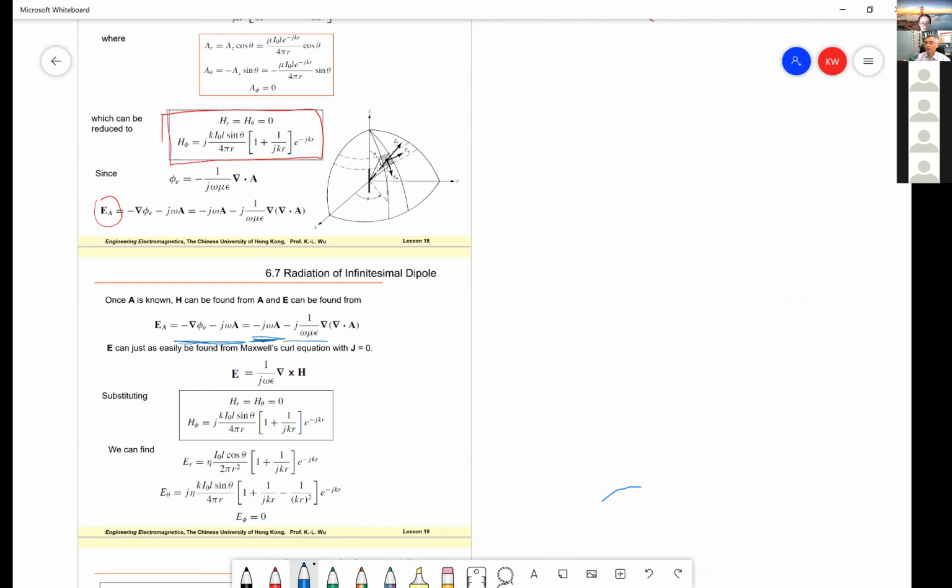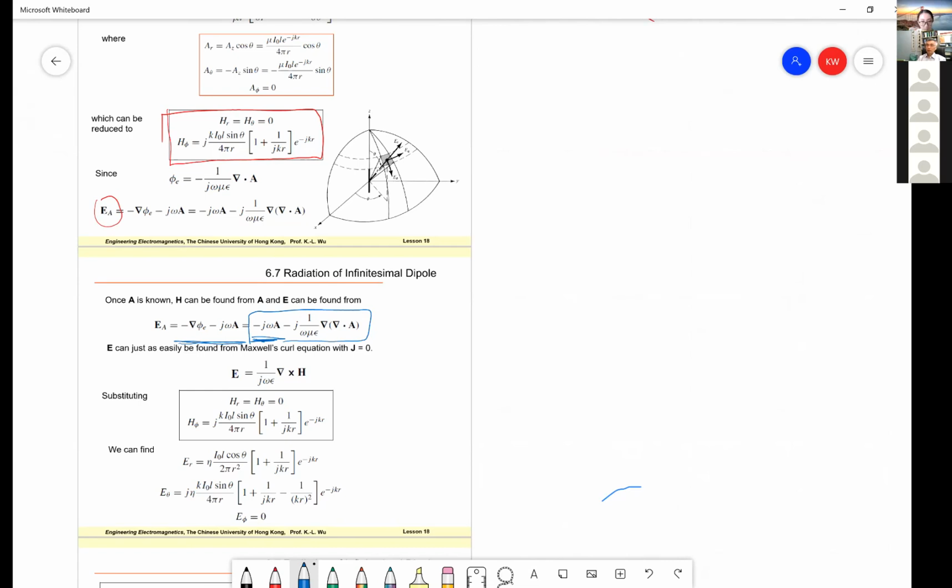From A, we can find the electrical field. I leave this to you, okay? We will have an assignment today. I let you derive this. And also, by the way, a couple of years we had one question in the final exam, basically asking you to derive this in the final exam.